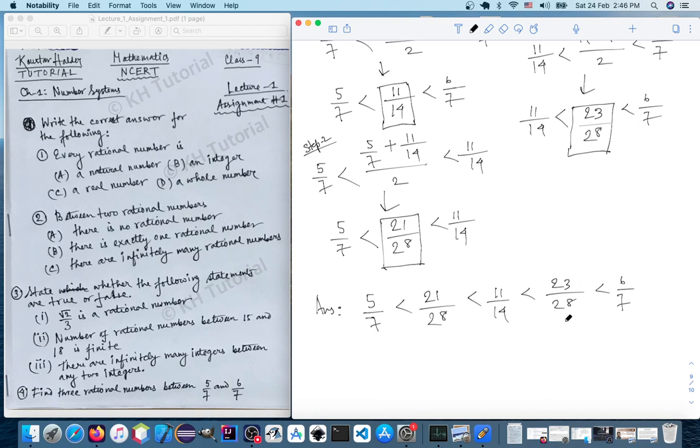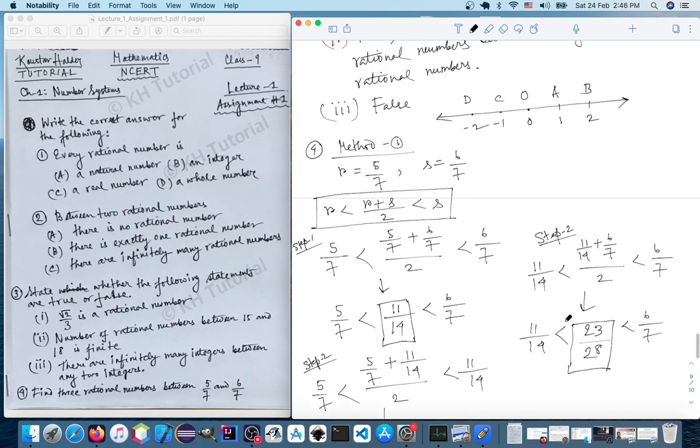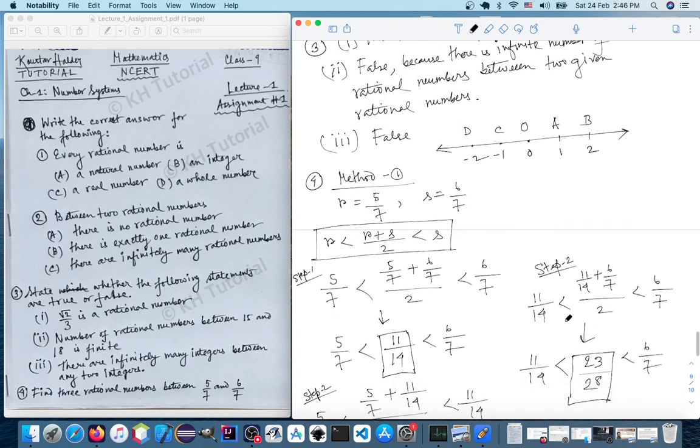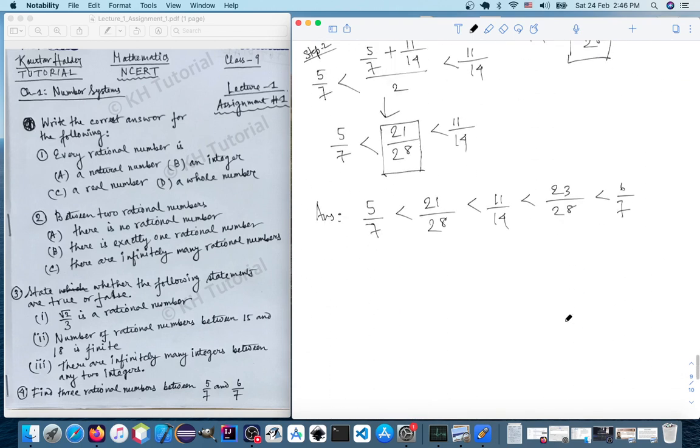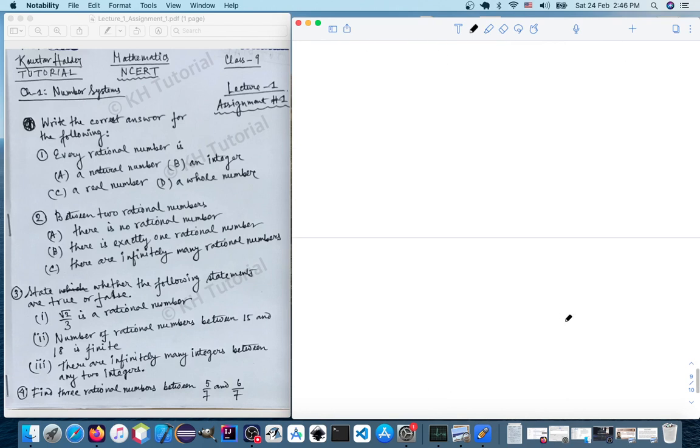Now, let's try to find three rational numbers using method 2. Method 2. So we have R as 5 by 7 and S as 6 by 7.